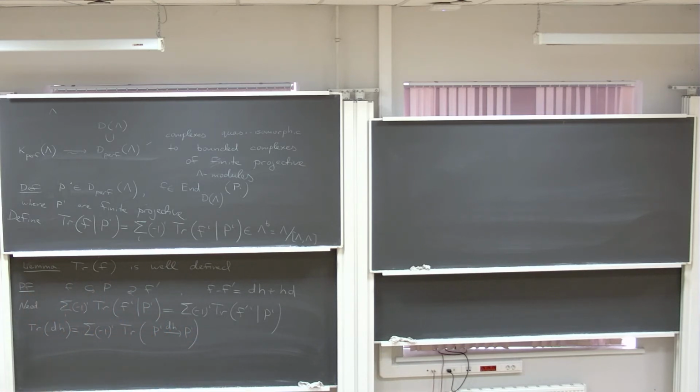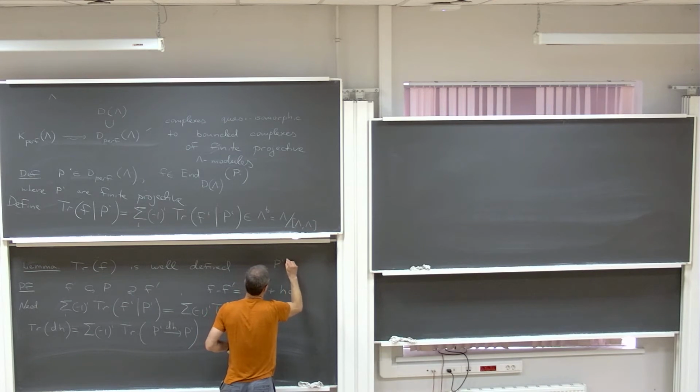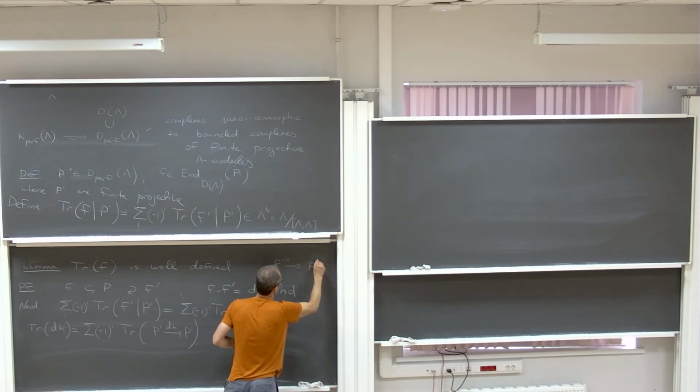So here D is a map, I have P_i to P_{i-1}. So this is D, and this is H, right?